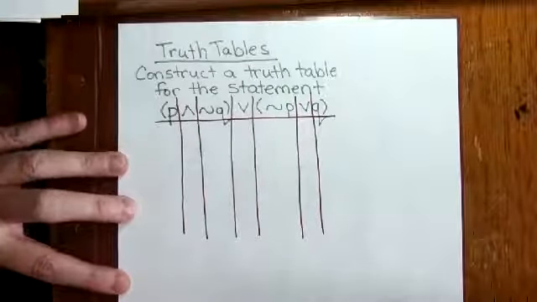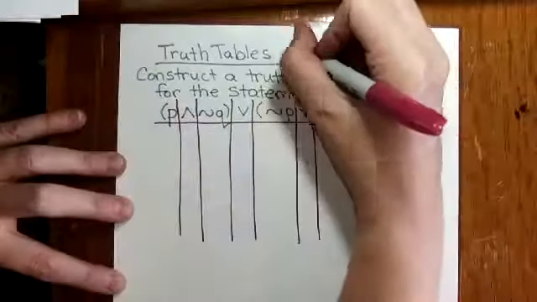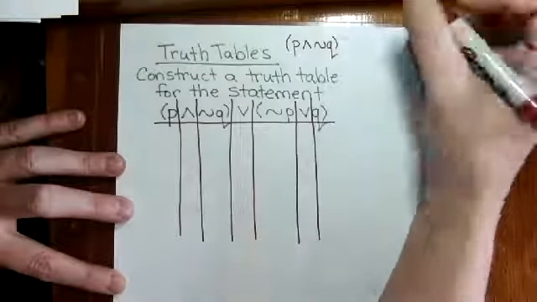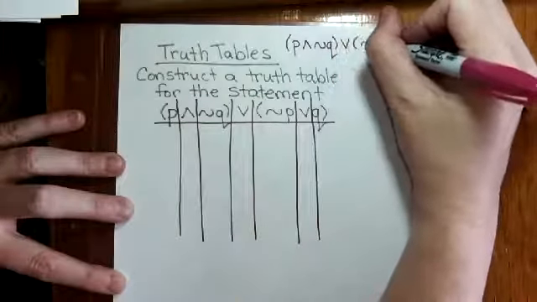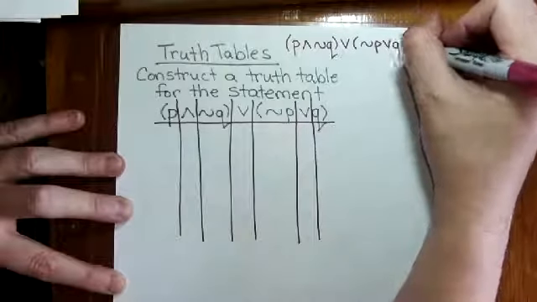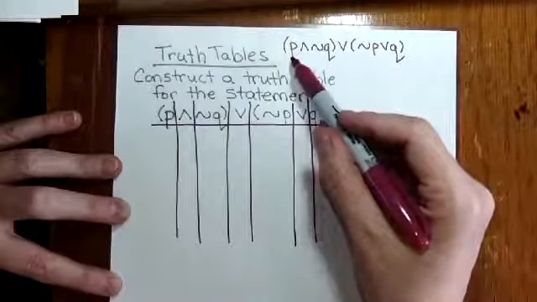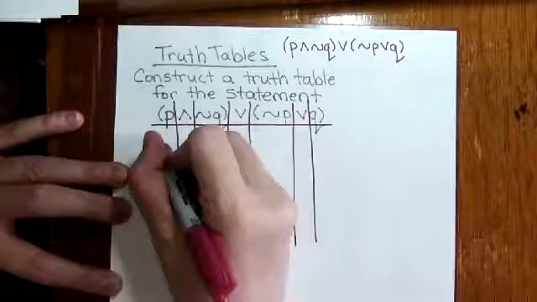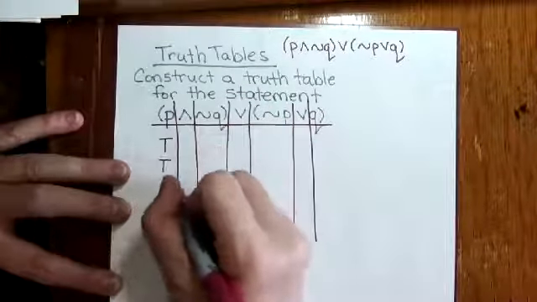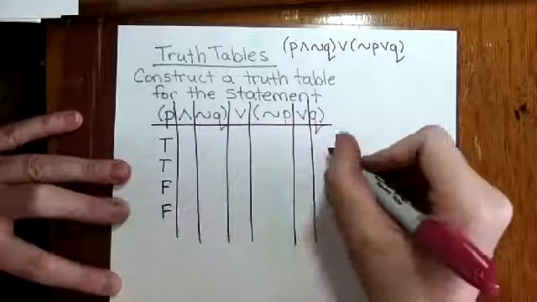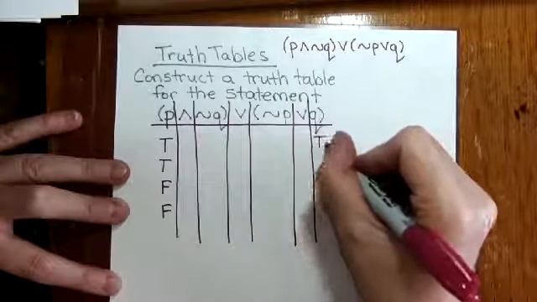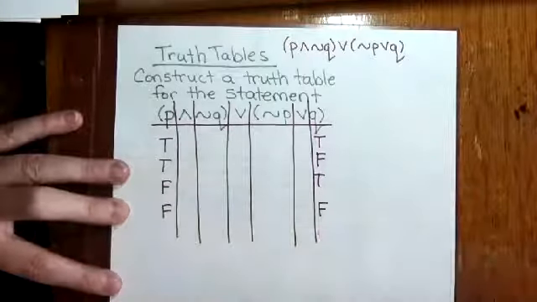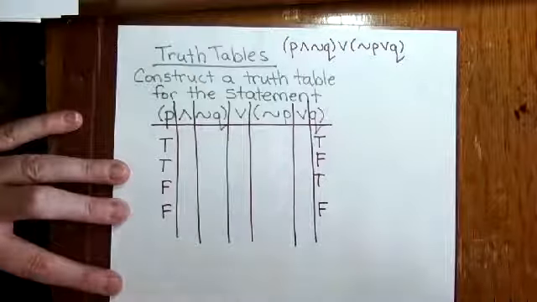Now, in the first example, we gave ourselves P columns. We also gave ourselves a Q column. And as you see here, we have a P and a Q. So we can put that P column here, T, T, F, F, and that Q column here, T, F, T, F. Now we have our setup columns in order.